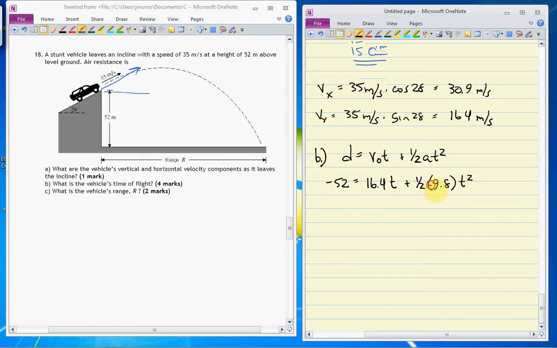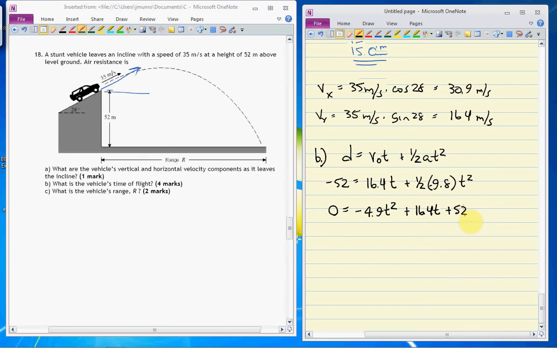We need some signs in here because the negative sign on 9.8 tells us that it's down, the negative sign on 52 tells us that it's down. Rearrangement gives us 0 is equal to negative 4.9 t squared plus 16.4 t plus 52.